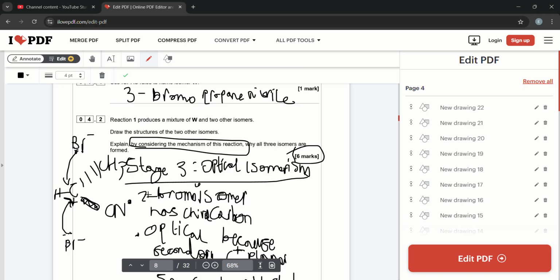CH3CHBrCN exists as two optical isomers, enantiomers. And that's really it. We could also show this idea of the chiral carbon.